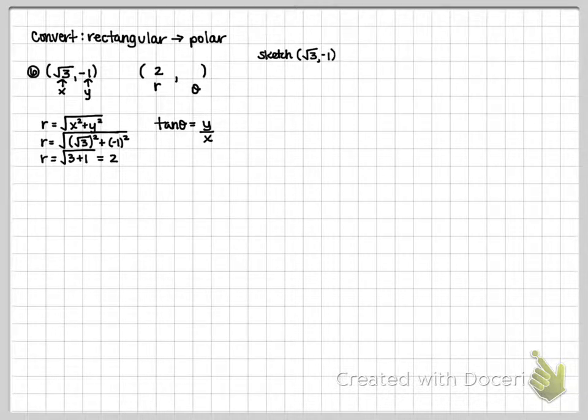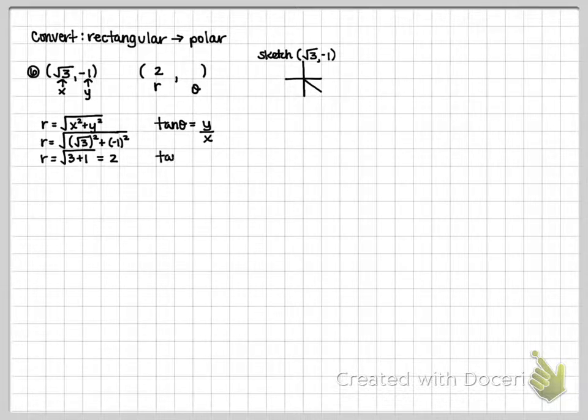I just want to know what quadrant I'm in so that when it gets to picking which radian I'm dealing with, I know where I am, quadrant 1, 2, 3, or 4. So root 3 is positive, -1 is obviously negative, so I think I'm going to be in the 4th quadrant. So I'm down here somewhere. I don't know exactly what that radian is, that's why I'm going to do the tangent. But I do know that it better be the tangent in that 4th quadrant.